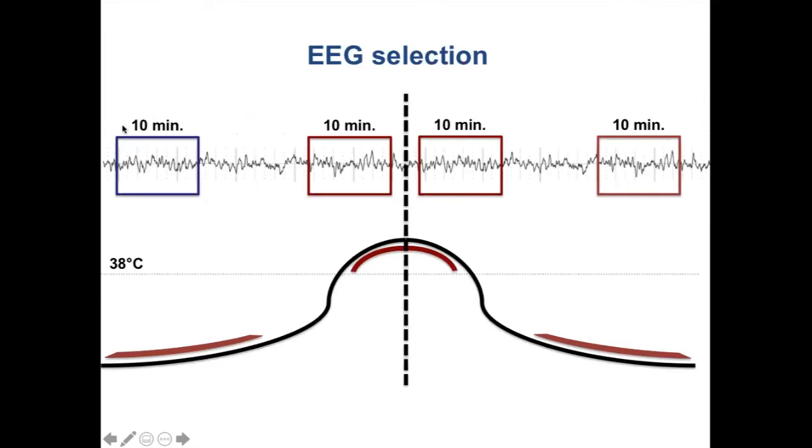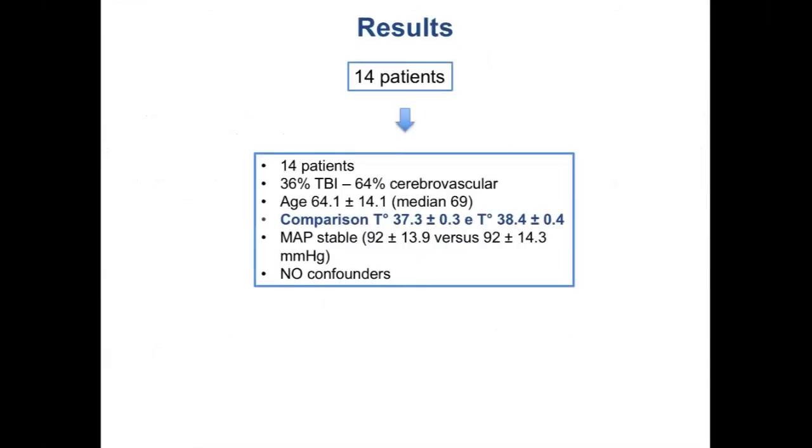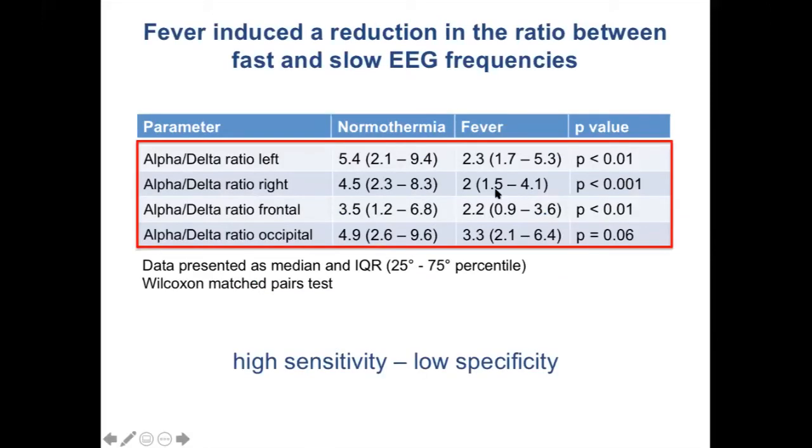So we evaluated pieces of EEG of this duration at different temperatures, normothermia, hyperthermia, normothermia, and putting together the data of 14 patients and comparing AD ratio at this temperature against this temperature, keeping everything stable, MAP, PaCO2, sedation, we found that fever is associated, similarly to what happened to hyperventilation, to a consistent reduction in AD ratio.